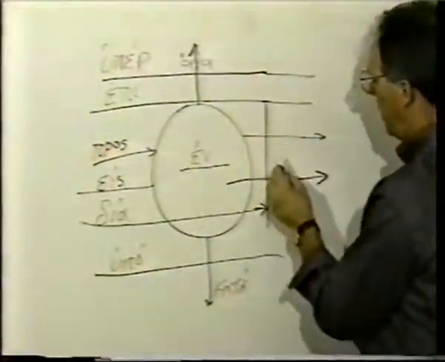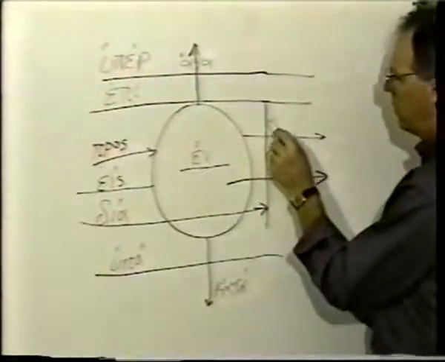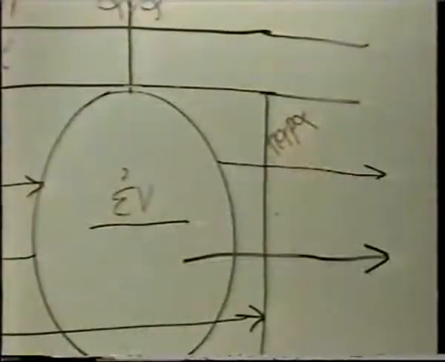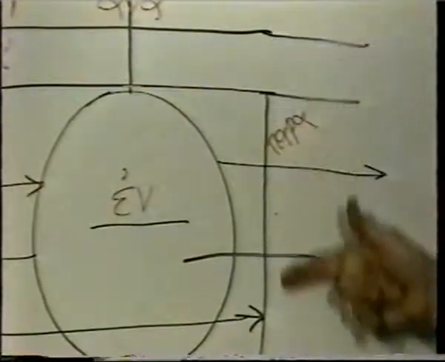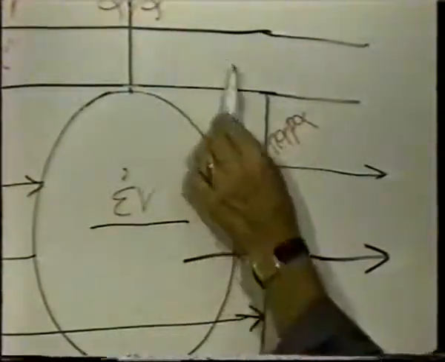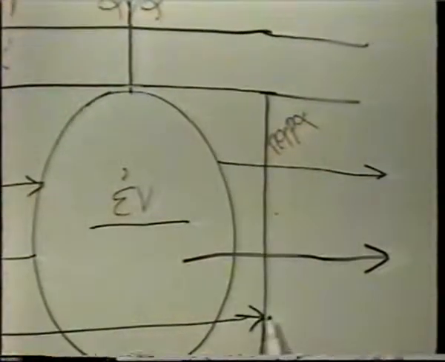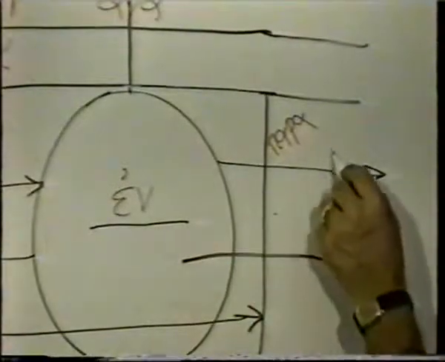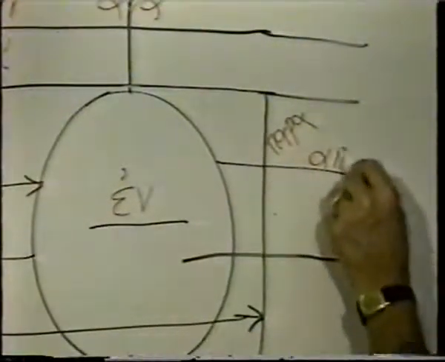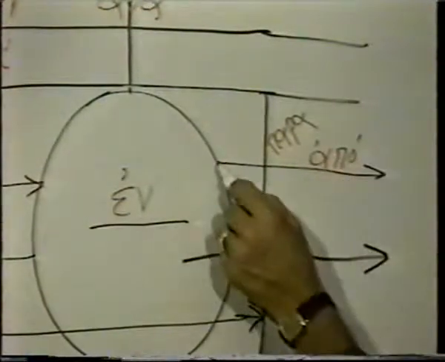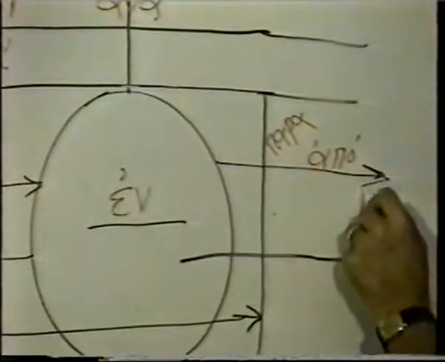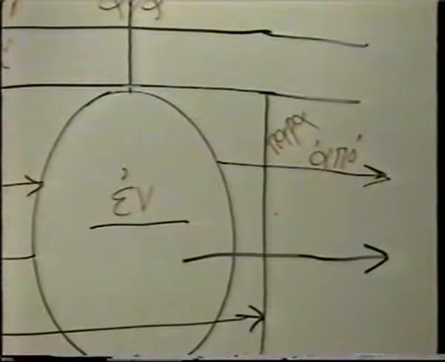This one going down we will call para. Para means by. This line is by this sphere, if you will. This one here is called apo, means it's from. You see here, we're leaving from that circle.